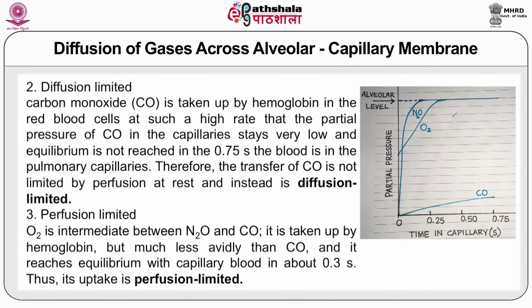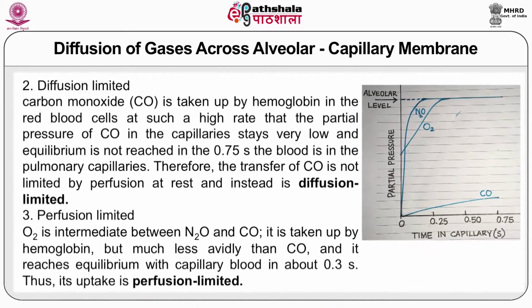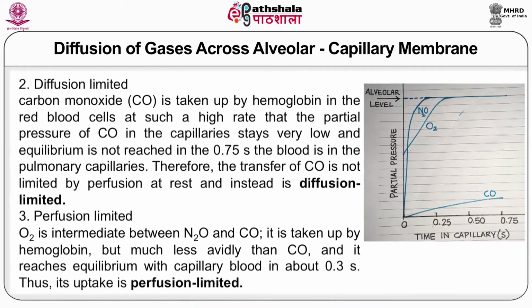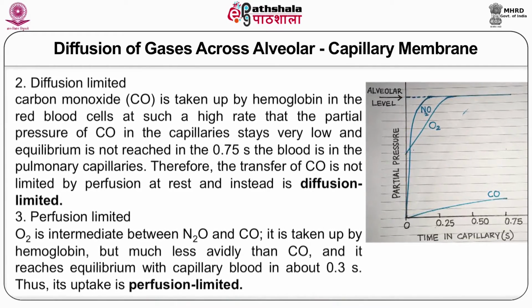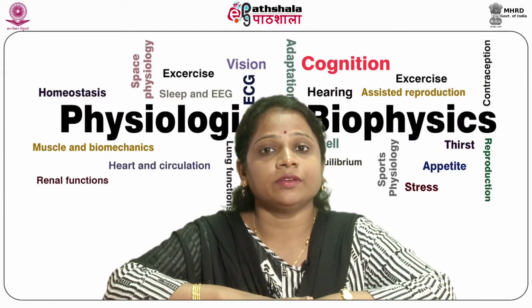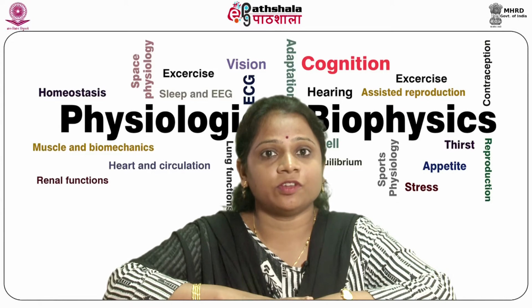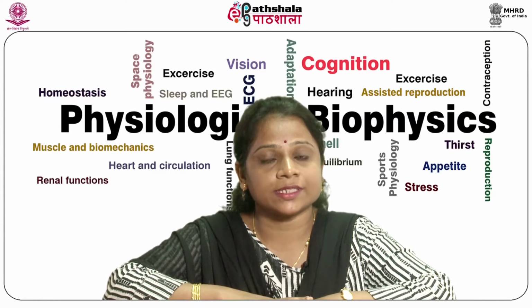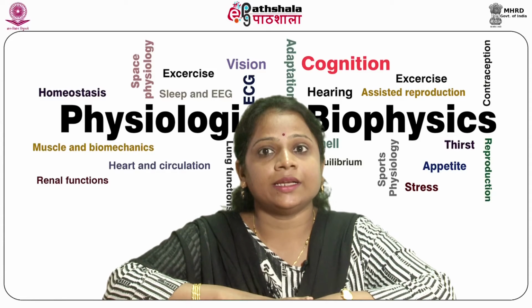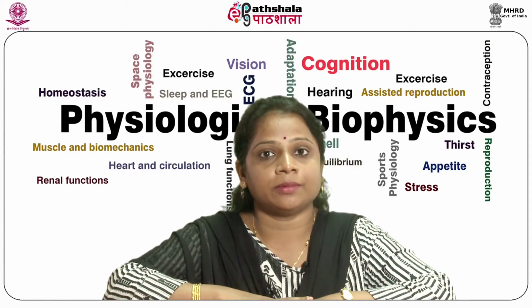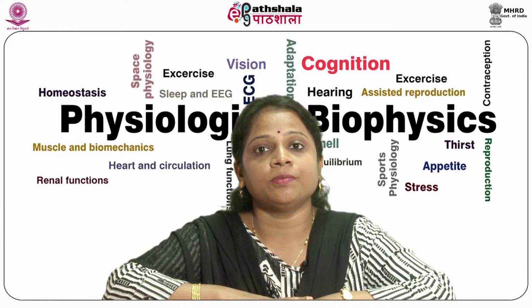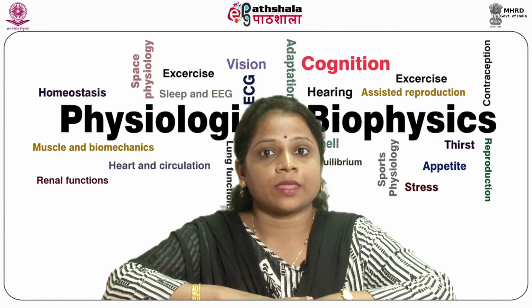Therefore, the transfer of carbon monoxide is not limited by perfusion at rest; instead it is diffusion limited. Oxygen is intermediate between nitric oxide and carbon monoxide. It is taken up by hemoglobin, but much less avidly than carbon monoxide, and it reaches equilibrium with blood in the capillaries in about 0.3 second. Thus, its uptake is perfusion limited.